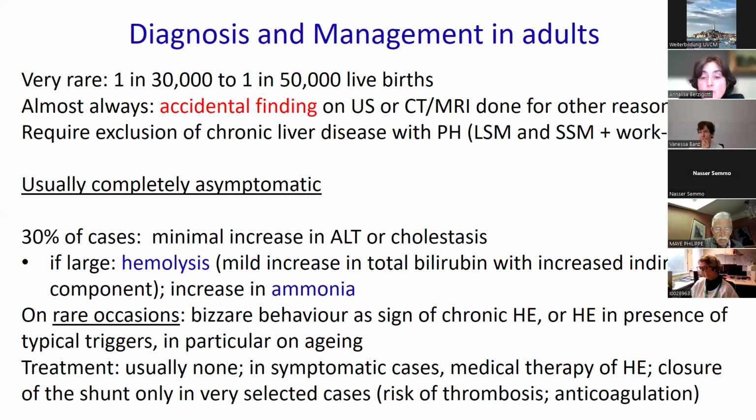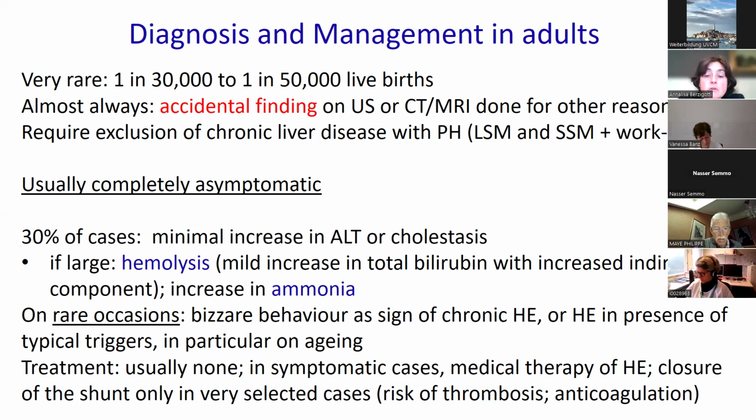However, there are some complications or some manifestations, and up to 30% of these adults have a minimal increase in transaminases or cholestasis. In case of large shunts, you can see some hemolysis, due to intra-shunt hemolysis, and some minimal increase in ammonia that shows indeed that there is a portosystemic shunting.